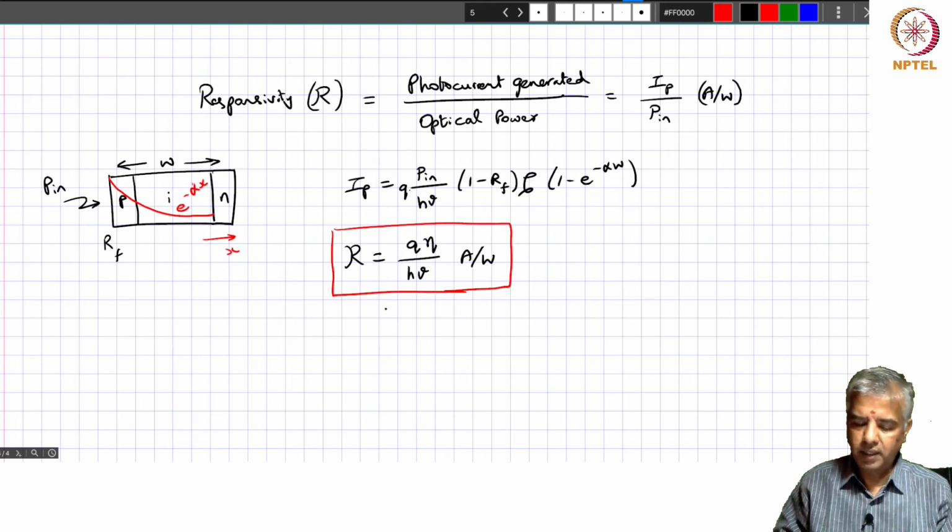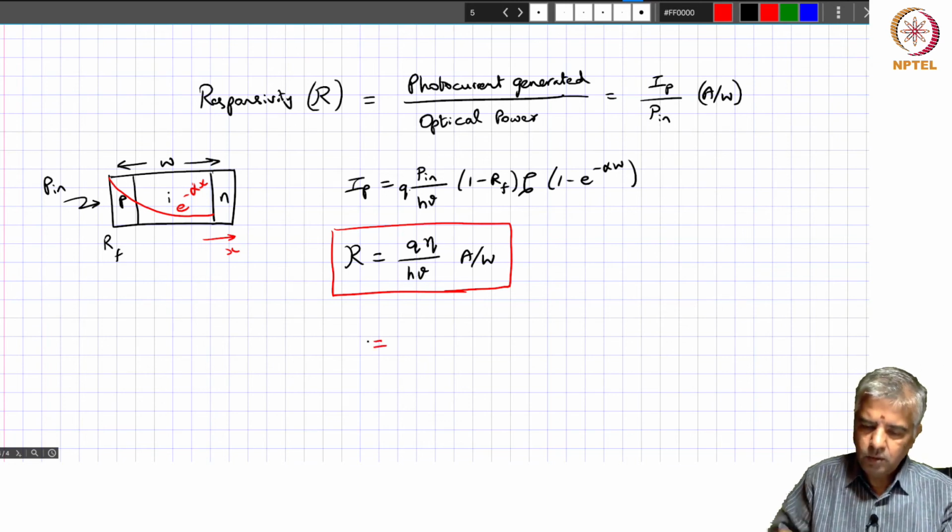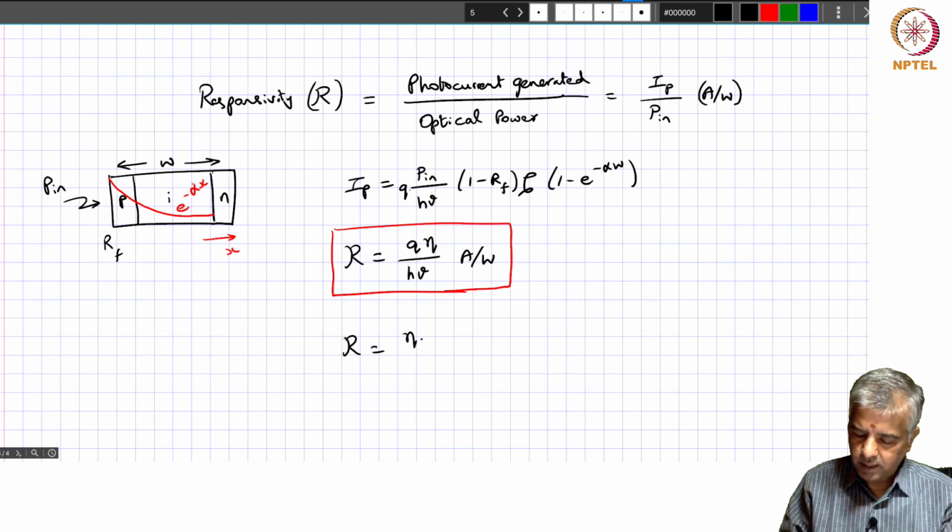Okay, so it's interesting to see how responsivity works as a function of lambda. You see that Q is a constant, h is a constant, nu is the frequency, so it can be written as c over lambda. And c is a constant, so you will essentially see that R can be expressed as eta times lambda, where lambda is expressed in microns, over 1.24.